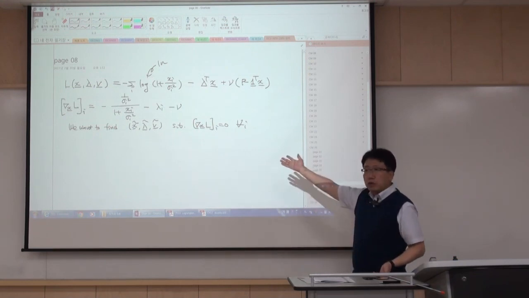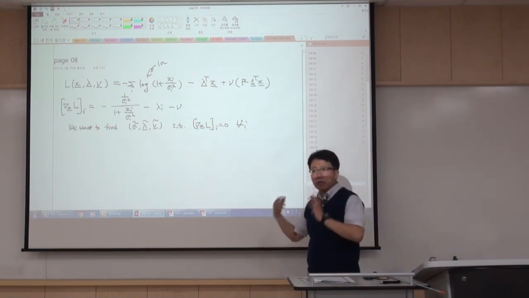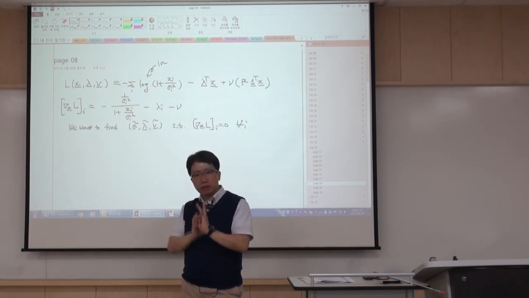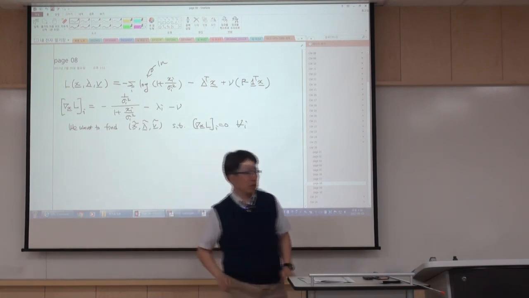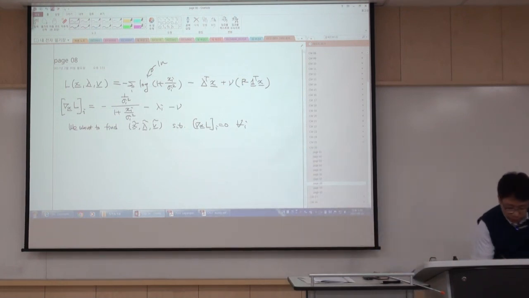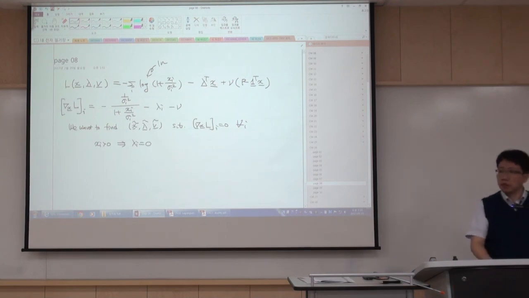Is this all? No, we also must satisfy the primal feasibility, dual feasibility, and the complementary slackness. What is the complementary slackness? If xi is positive, what? Lambda i must be 0. Am I right? This is complementary slackness.